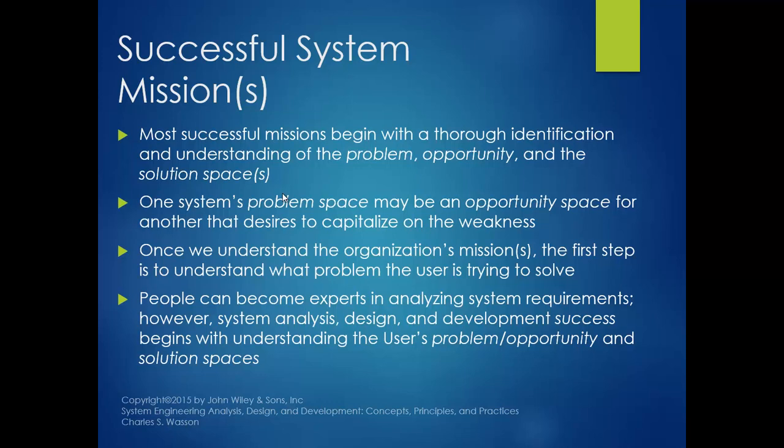So a transportation system company can capitalize on that weakness to provide a solution of delivering that item to the customer. Actually, many examples could be applied in this situation, from businesses to universities to spacecrafts to set of laws. So the first step is to understand the problem that the user is trying to solve.